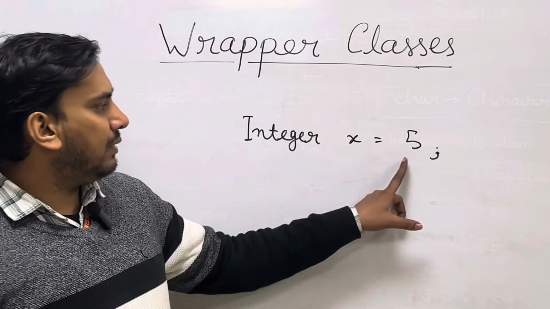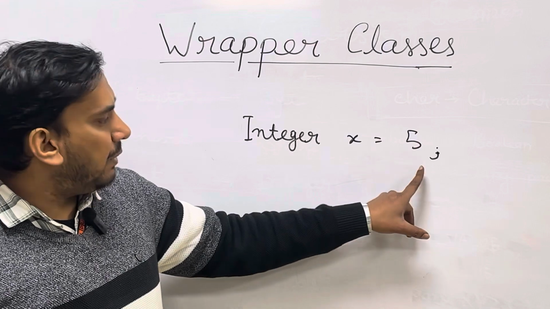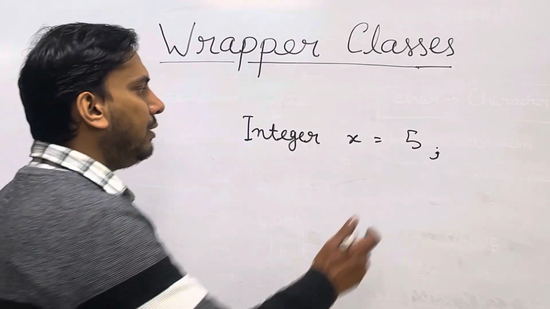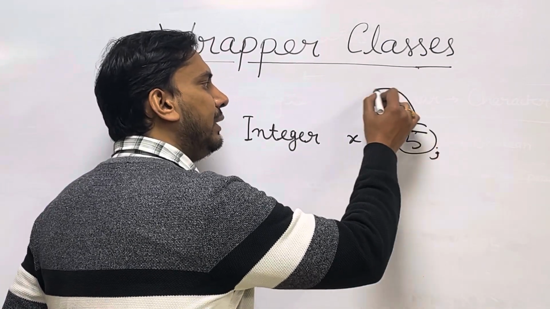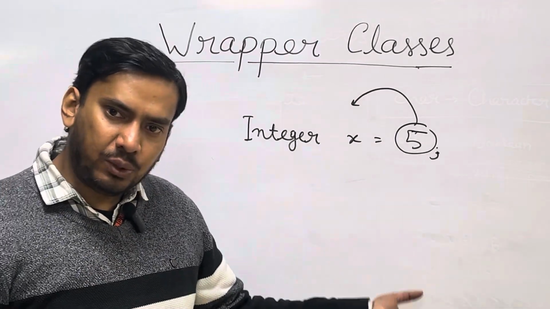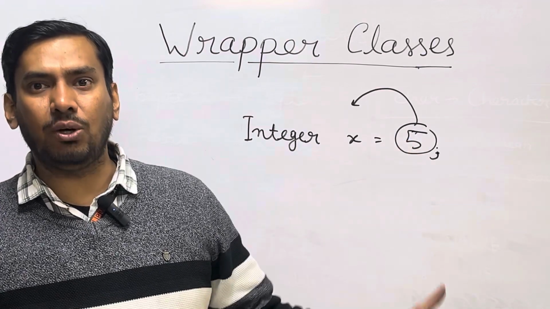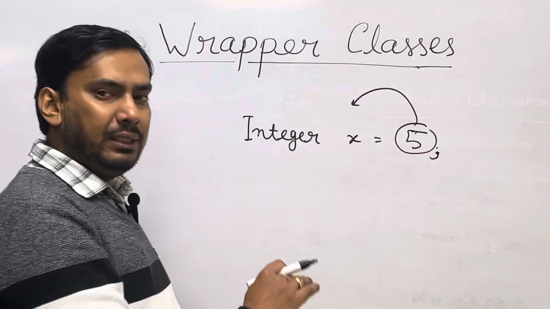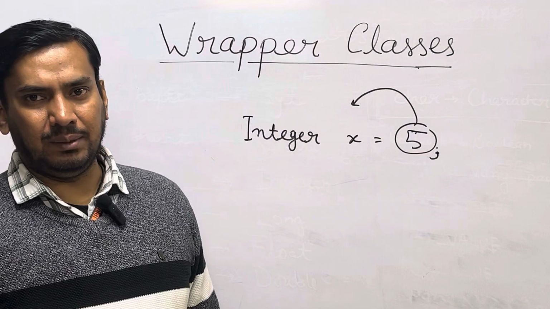So what is this 5? 5 is an integer literal, it is not an object, but I am trying to assign it to an Integer type reference variable. So this 5, which is a value, will be converted into an Integer object automatically. So the automatic conversion from primitive type to object is called autoboxing. It will be converted into an Integer object, then assigned to the Integer x reference variable.